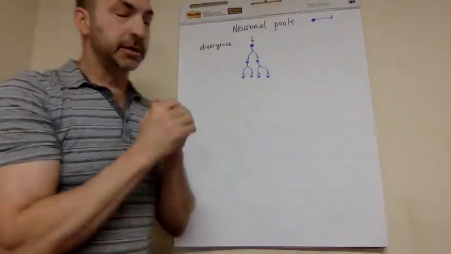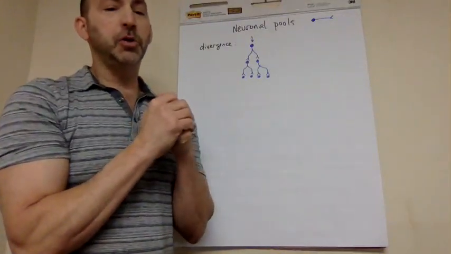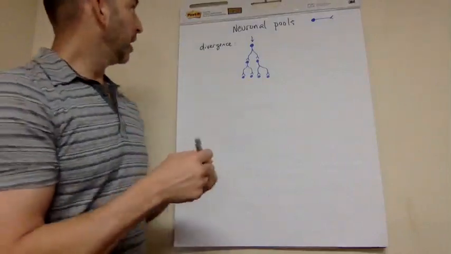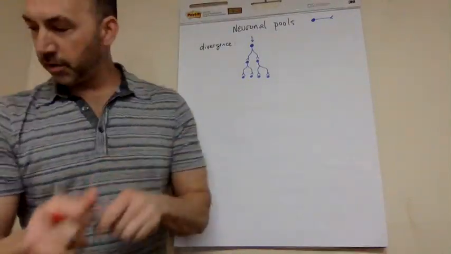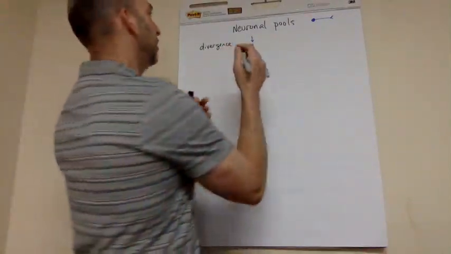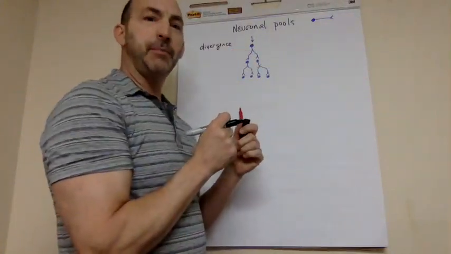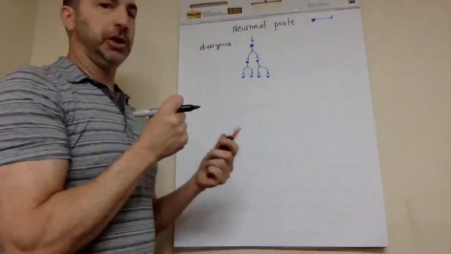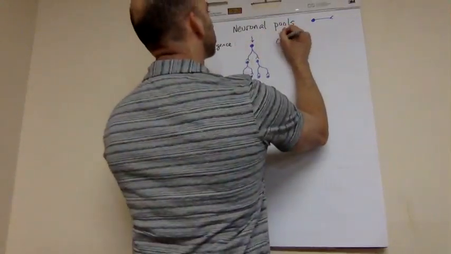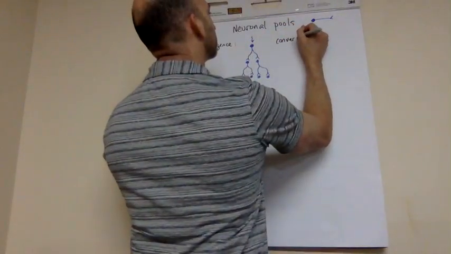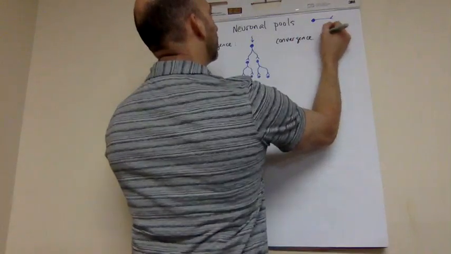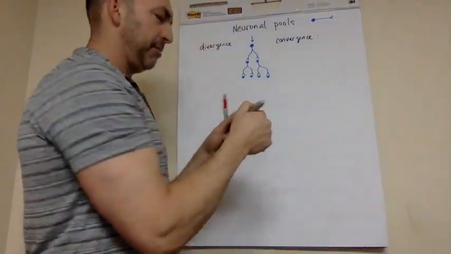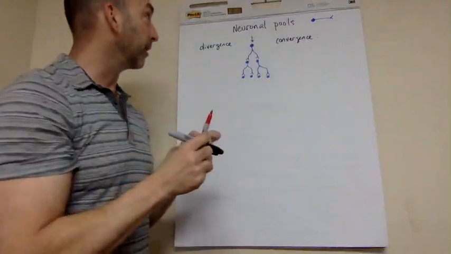So again, divergence. Let's go to convergence. Convergence, I think we've seen before because we've talked about EPSPs and IPSPs, and they're a very common example of converging information. If you think of the term convergence, it means for things to come together, right?